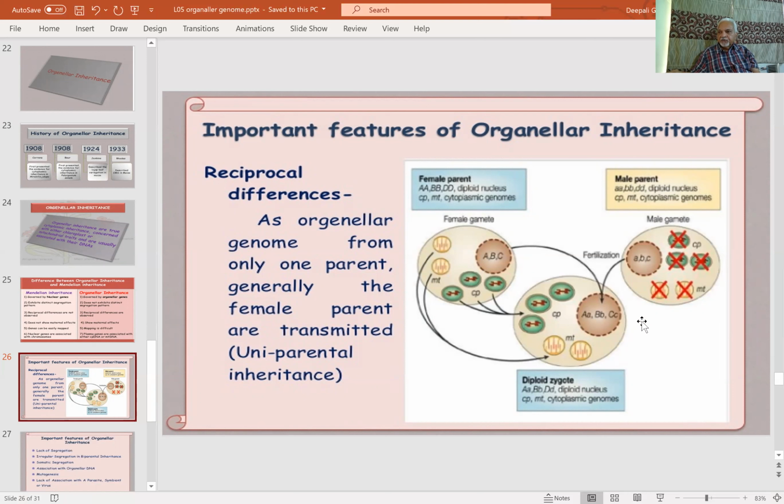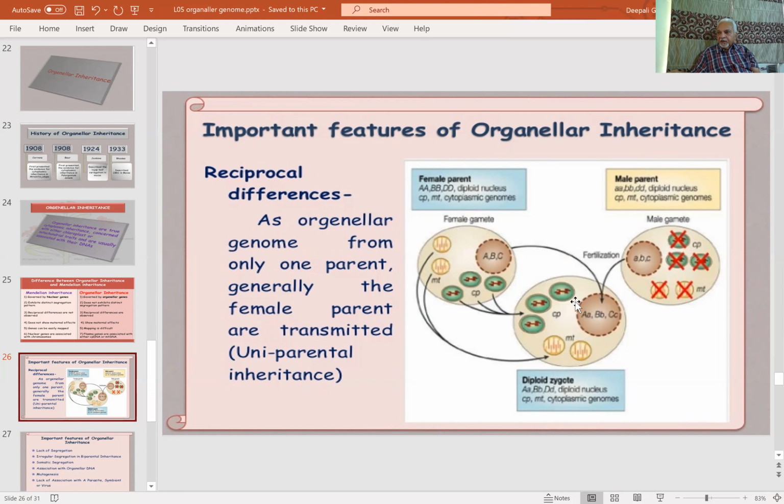And you see the formation of the zygote, wherein you have the combination of A, small a, capital B, small b, capital C, small c. And the cytoplasmic contents are retained coming from the female part. So whatever genes are coded by the organelles, they express themselves in this generation.